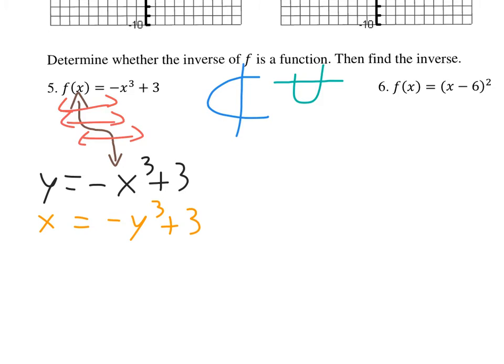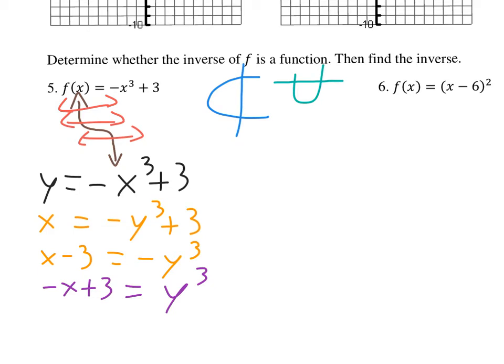We then take that 3 and move it to the other side. X minus 3 is equal to negative y cubed. Next, we have to get rid of that minus sign, so we're going to multiply everything by negative 1. Negative x plus 3 is equal to y to the third power.